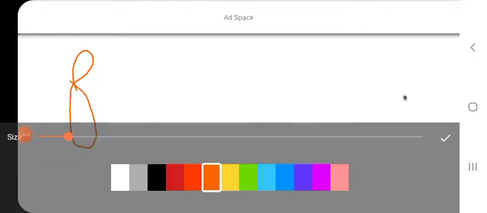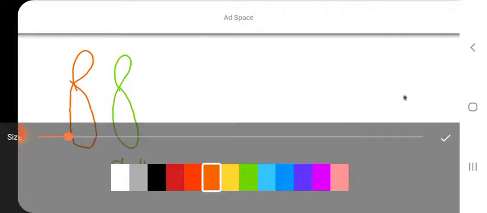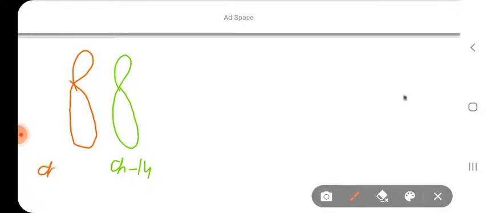Let us see translocation between chromosome number 8 and chromosome number 14. So when translocation occurs between chromosome number 8 and 14, what happens?